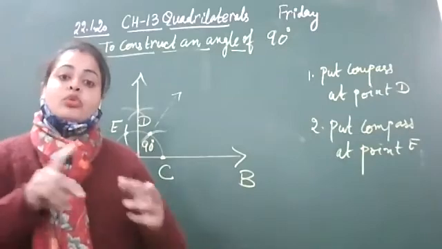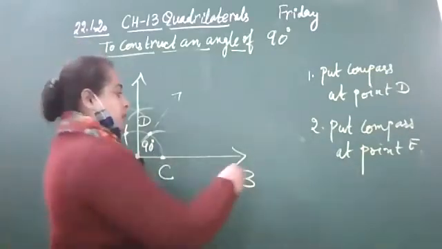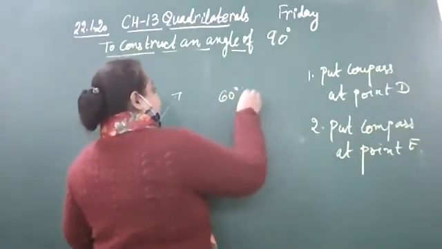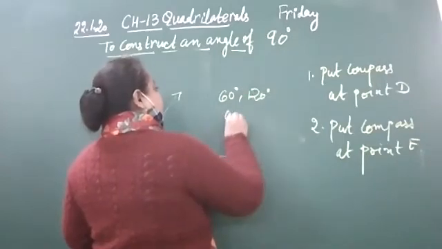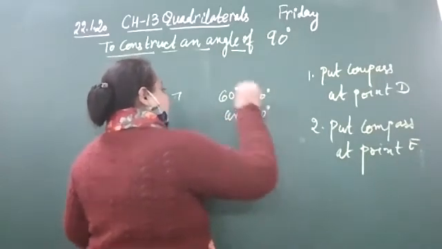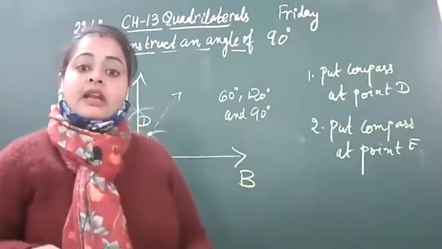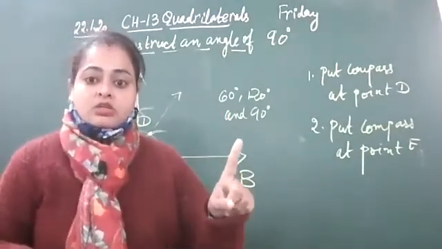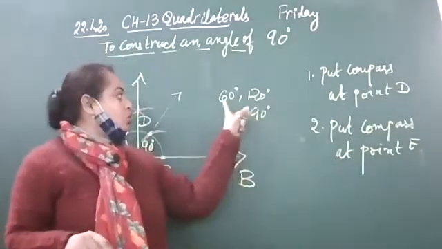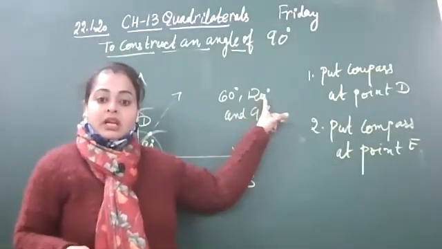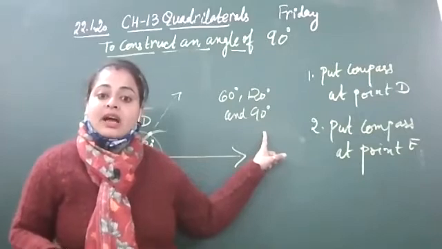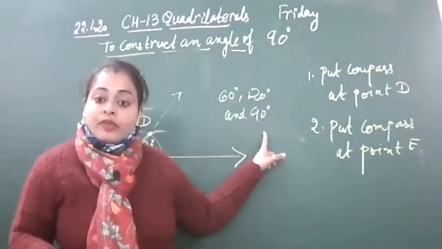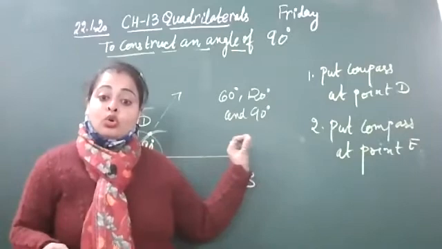Because if you draw 60 degree, 120 degree and 90 degree with protractor, then only 1 marks is given to you. Fine. So very much compulsory to draw 60 degree, 120 degree and 90 degree with the help of compass. Note down in your notebook.